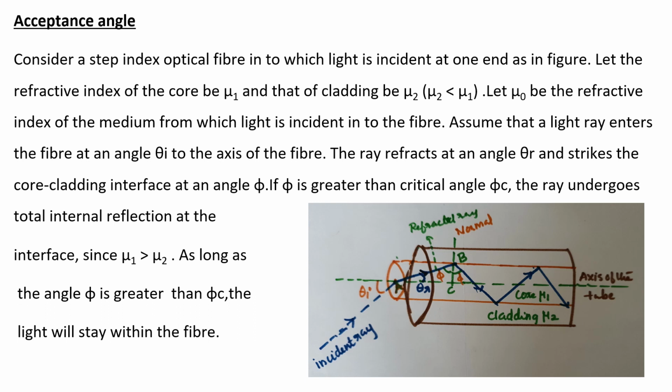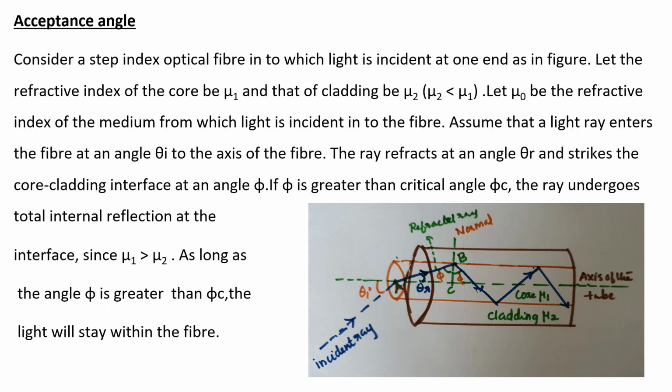Here the incident ray makes an angle theta I with the optical fiber, and the refracted ray is theta r, and this refracted ray makes an angle at the core cladding boundary, and this angle is phi.